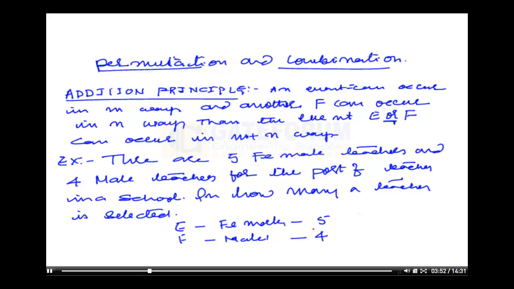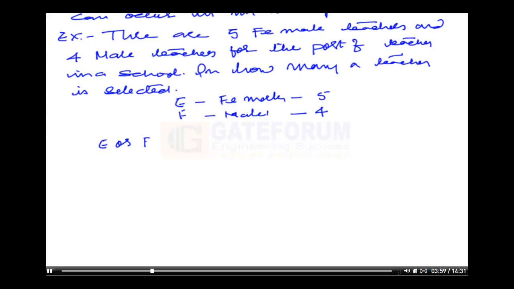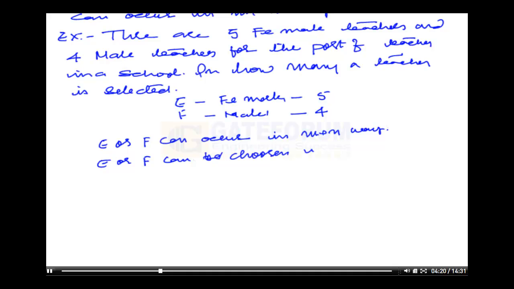When you want to choose either male or female, then E or F can occur in M plus N ways, means either a female or a male can be chosen in 5 plus 4, that is 9 different ways.